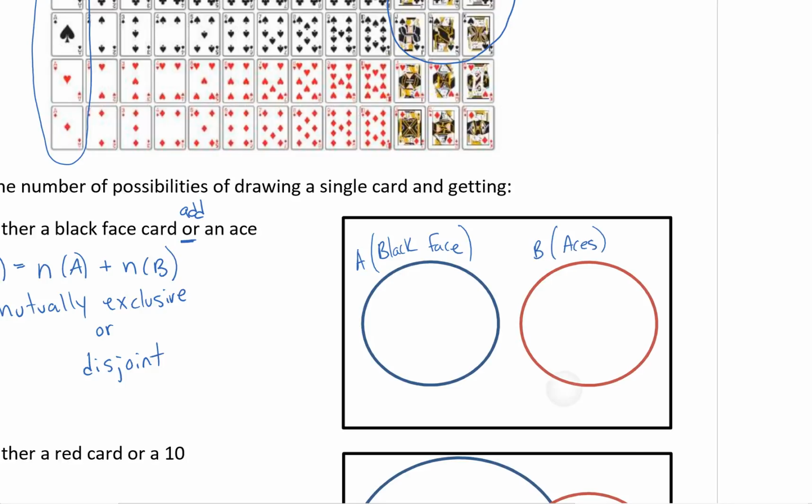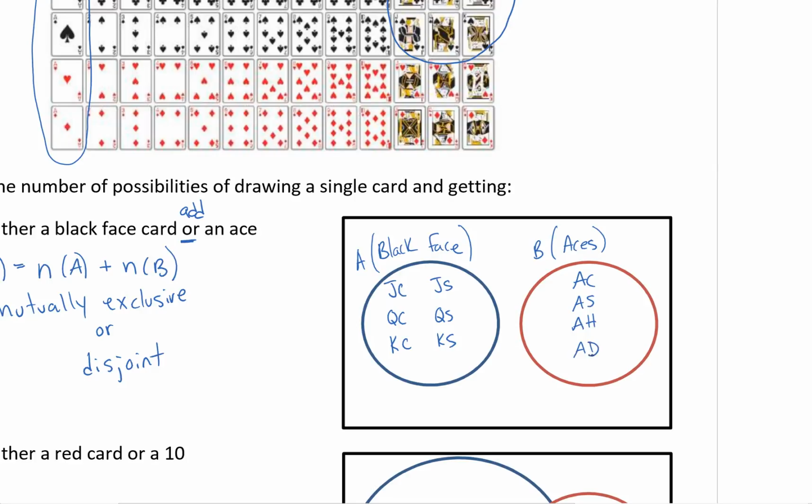So we can have the Jack of clubs, the Queen of clubs, or the King of clubs, the Jack of spades, the Queen of spades, or the King of spades. Okay? That's all of our face cards. And then the aces, we can have the Ace of clubs, the Ace of spades, the Ace of hearts, or the Ace of diamonds.